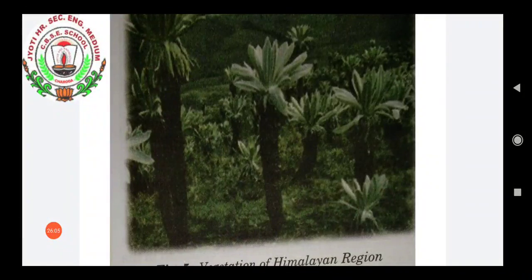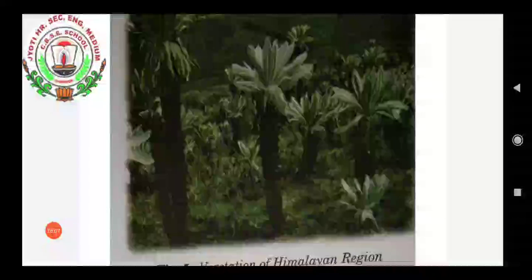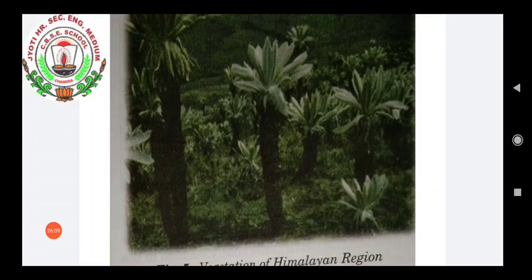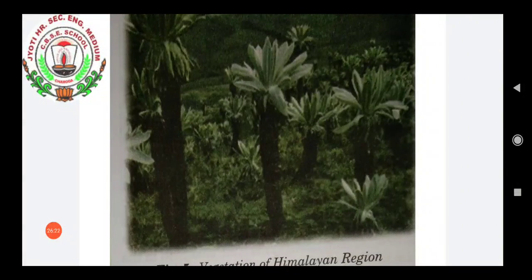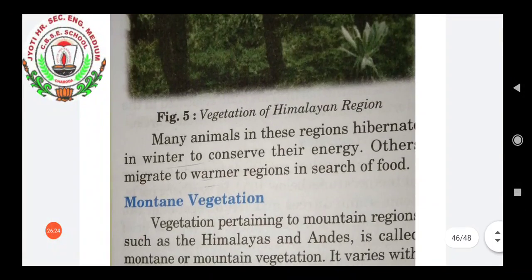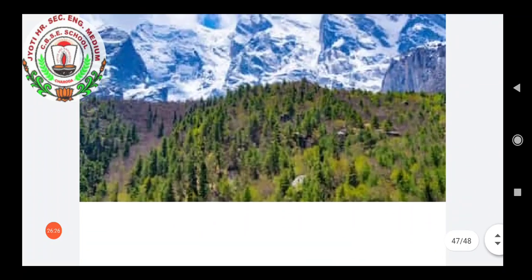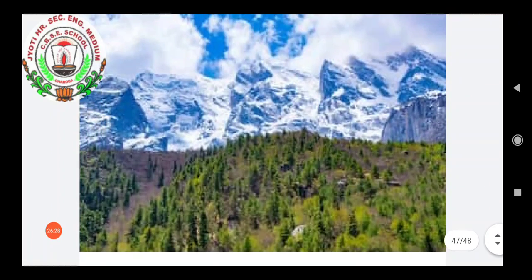As we go to greater height or altitude, the vegetation will change. We have studied the vegetation types in a latitude zone. The same we will see when we move from low latitude to high latitude. See, this is the picture of mountain vegetation.